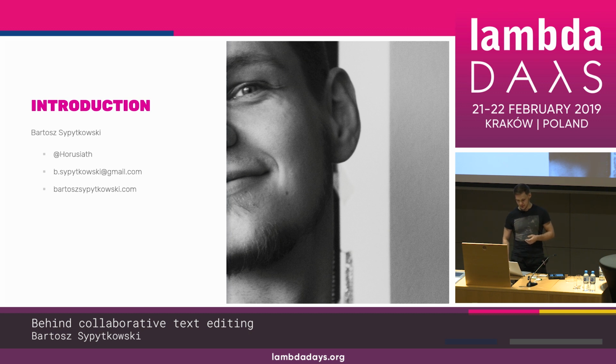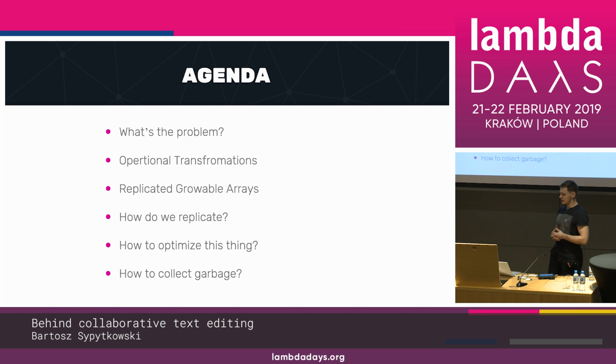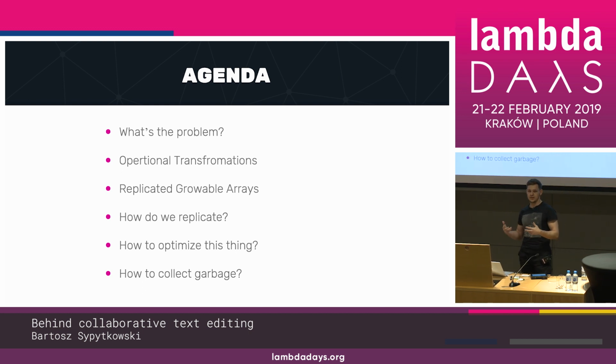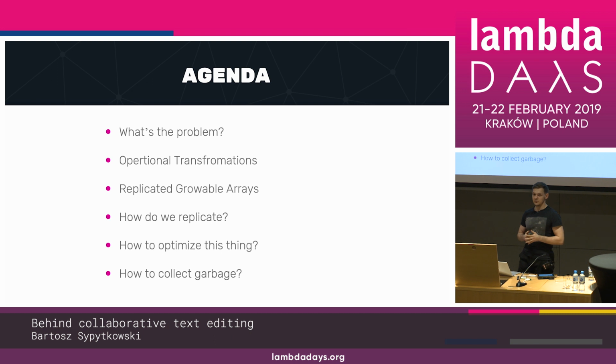And yeah, what is the agenda for this talk? First, we describe the problem, because we will be solving a very specific concrete problem. Then we'll move to two possible solutions for it. And we will only briefly mention operational transformations, because they are most well known exactly from Google Docs, Apache Wave, and stuff like that.